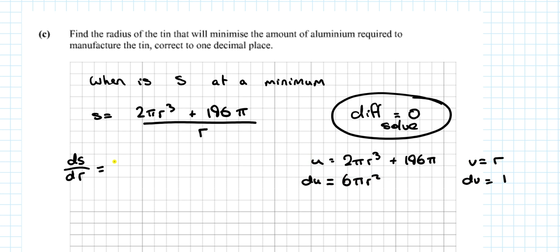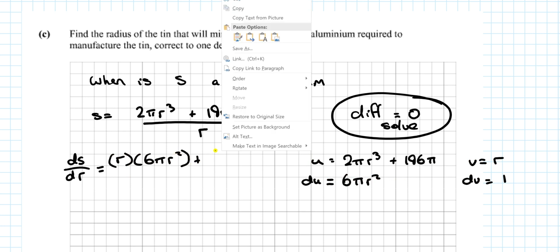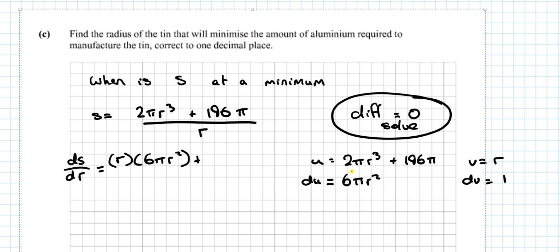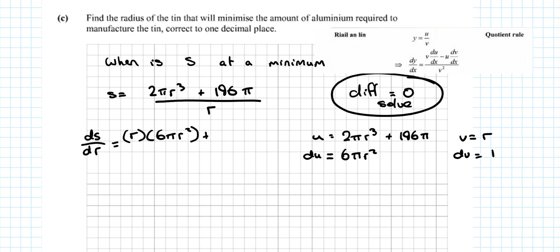Using the quotient rule, it's v, so that's r, times 6 pi r squared, plus u times dv, so it'll be 2 pi r cubed plus 196 pi times 1.